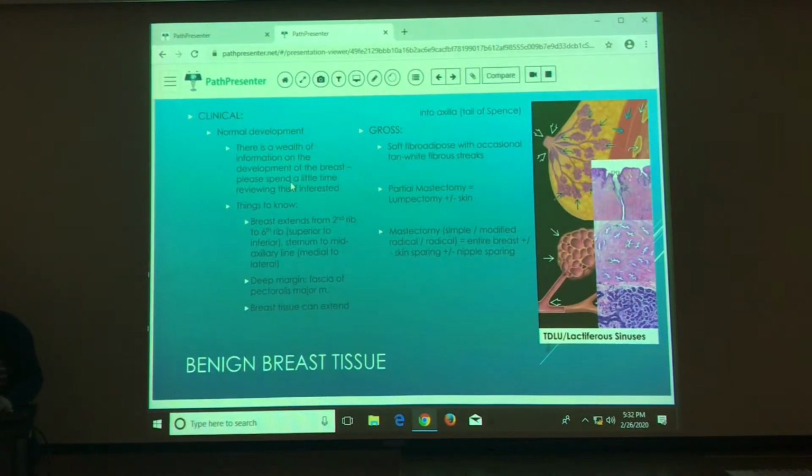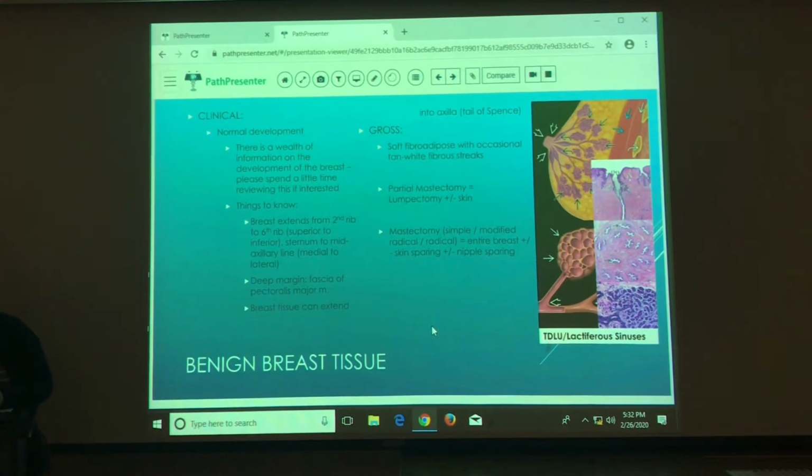So a little bit about this if you want to read more about the anatomy. I gave you the boundaries of the breast anatomically. And I know you are aware of what a partial mastectomy is, which is lumpectomy plus or minus skin, and mastectomy, whether they do simple, modified radical, or radical.